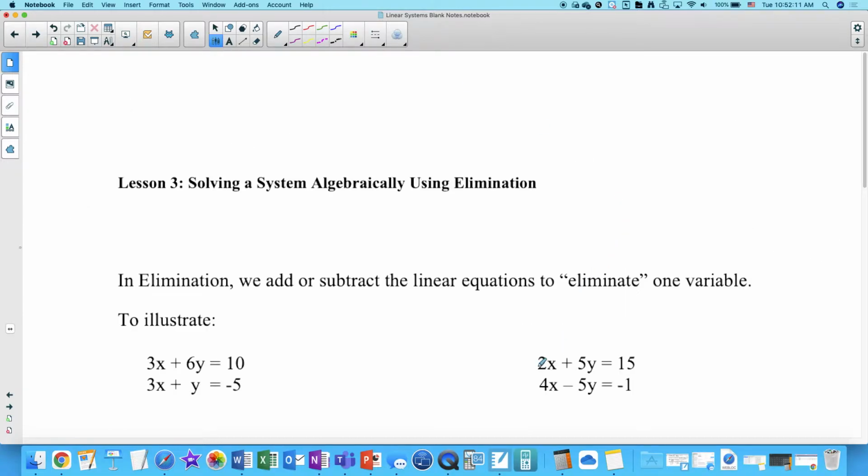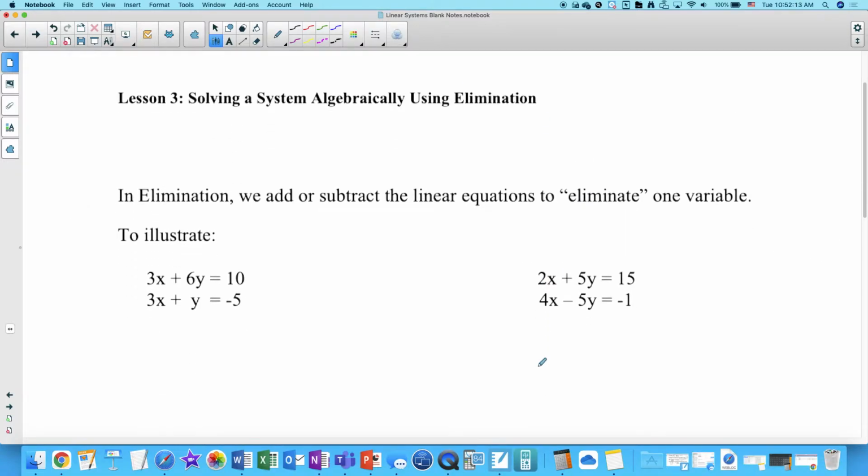So this third method that we're going to learn today and final method is called elimination. And the reason why it's called elimination is because in one of the steps, we are going to eliminate one of the two variables, thus reducing our equation down to one variable through addition and or subtraction of equations. Okay, just like what we were doing a second ago.